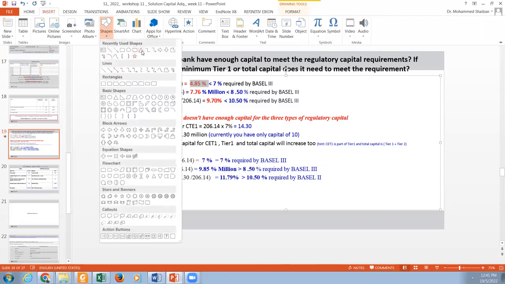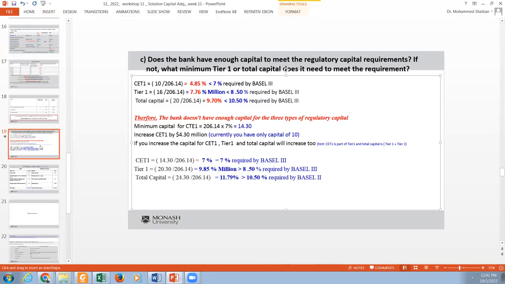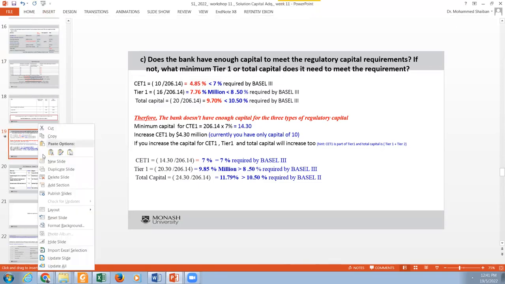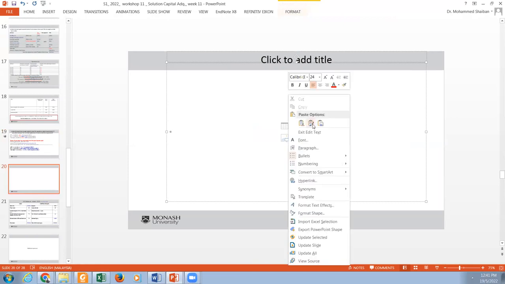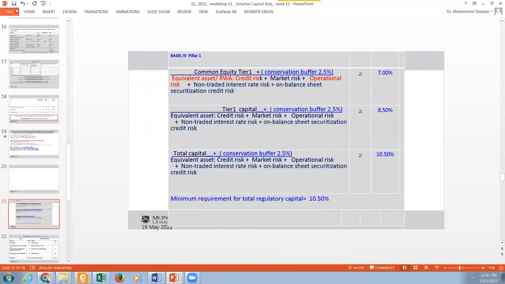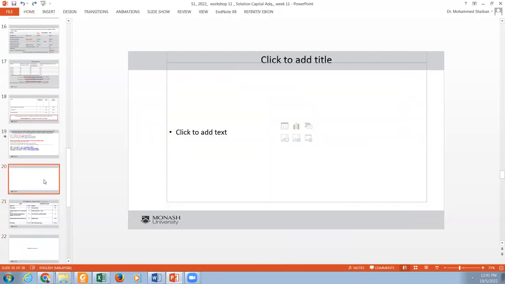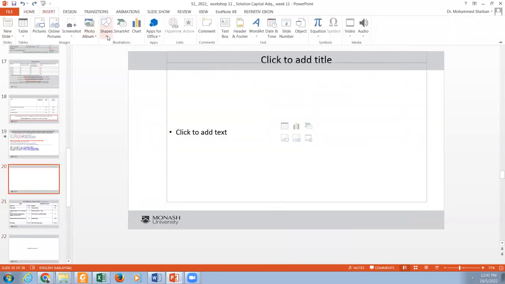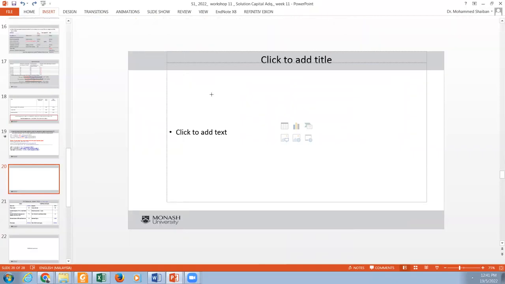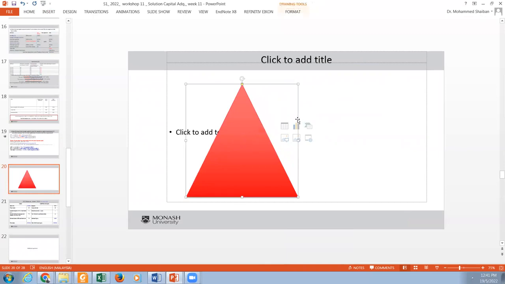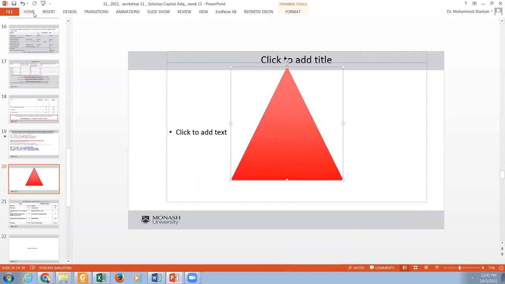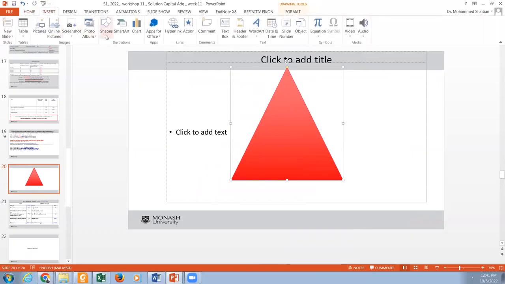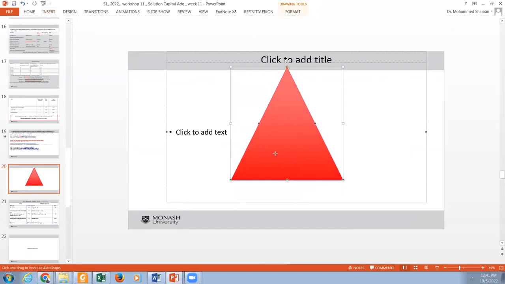This is how the capital looks like. I think I mentioned this, I'm sorry to repeat myself, this is how the capital looks like. It's like a pyramid, okay? If I insert this shape, for example, and I assume it's a pyramid, this area is the common equity.